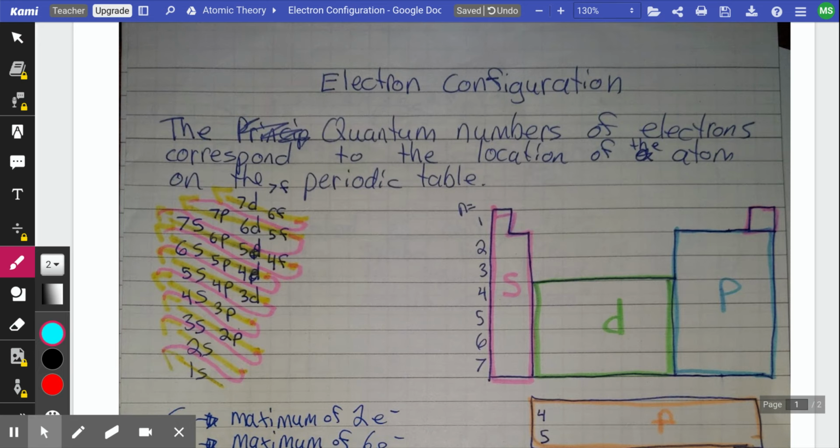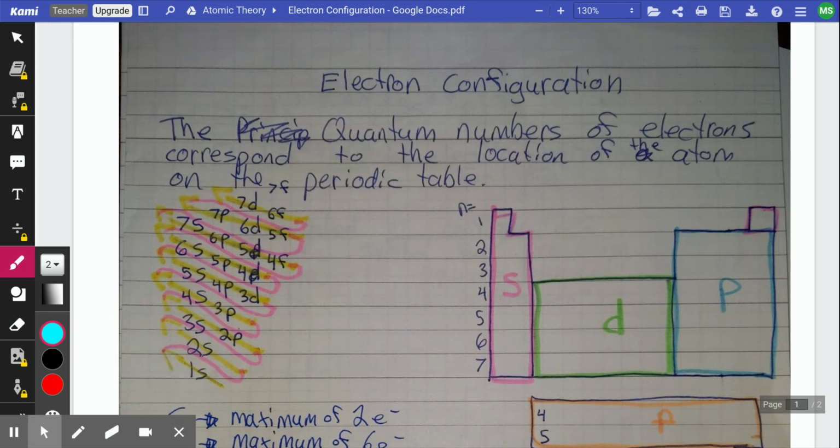Now remember that the n tells you the energy level of the electron, so it also corresponds to the period. The period tells you which energy level the electron is in, how far away from the nucleus you can find the electron. And the block that I have color-coded here tells you the orbital of the last electron.